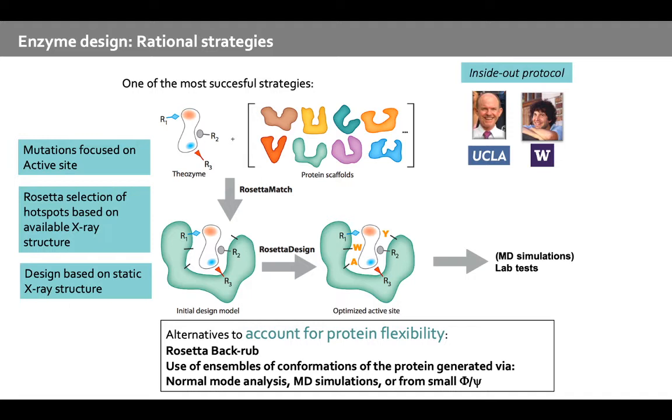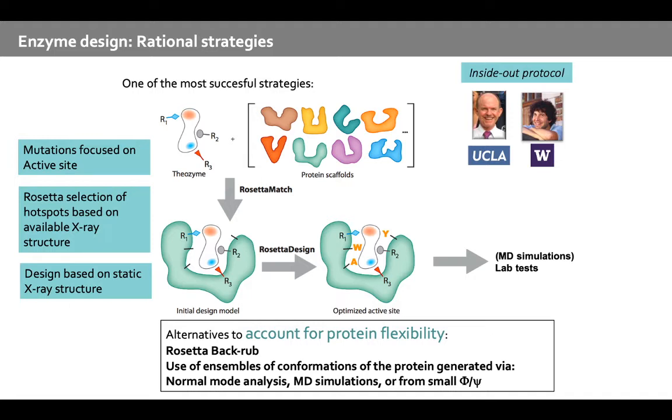And the original design or the original idea was always on the static X-ray structure. Although at the end of the process, as it is said in this slide, some MD simulations were done for ranking the variants and for deciding which among the multiple variants that you get will be the ones tested in the lab for activity.